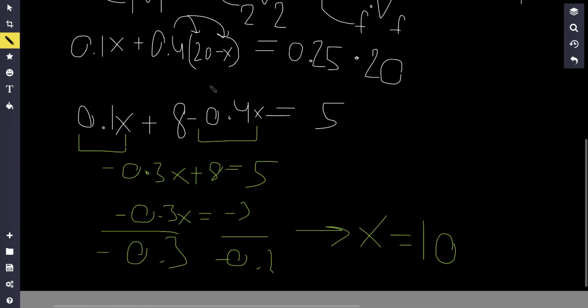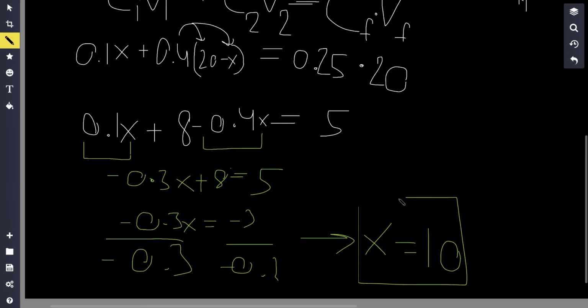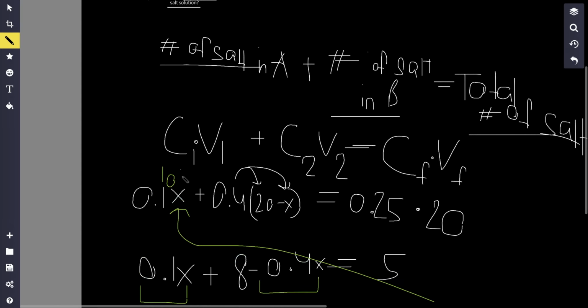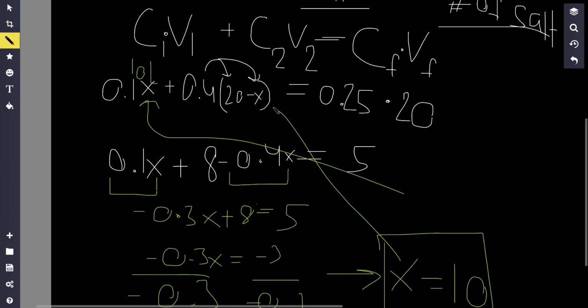Okay? And what this x equals 10 tells me is that I'm going to add in 10 liters for my first solution. And actually, if I plug in 10 here, this is 20 minus 10, which is also 10.